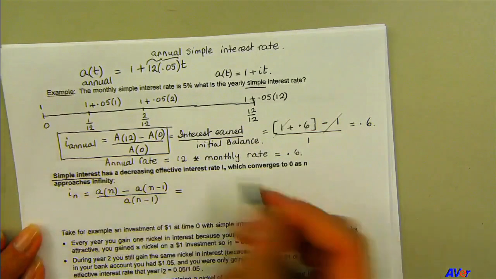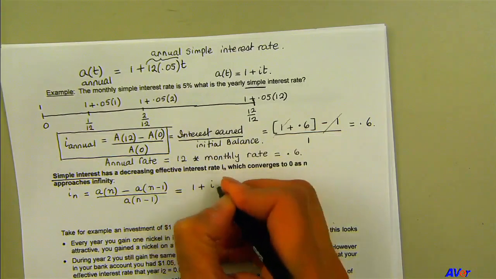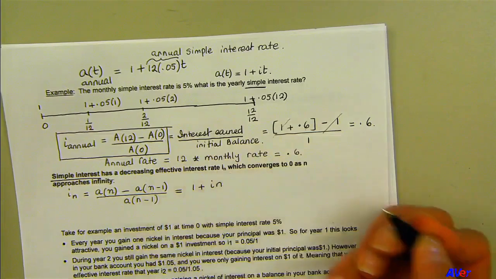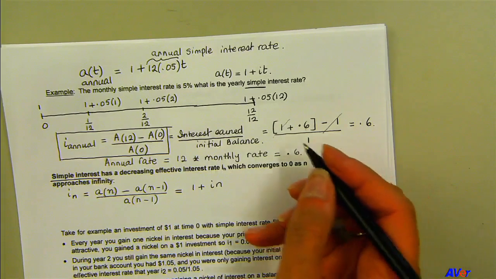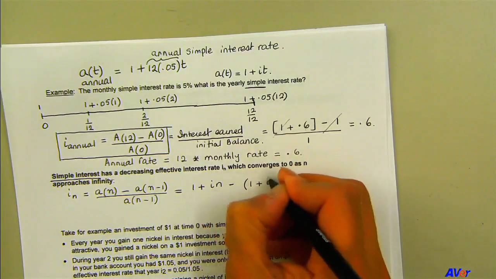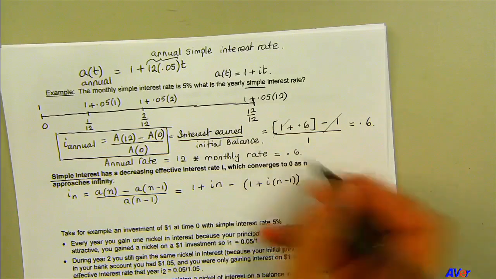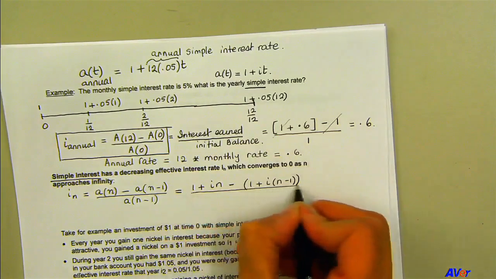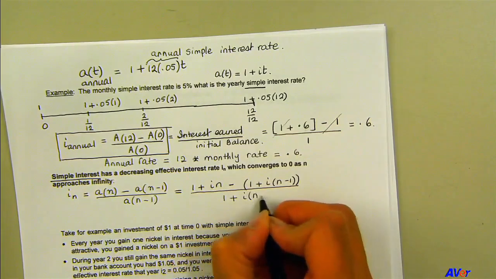So this would be 1 plus I times n, minus 1 plus I times n minus 1, divided by 1 plus I times n minus 1.